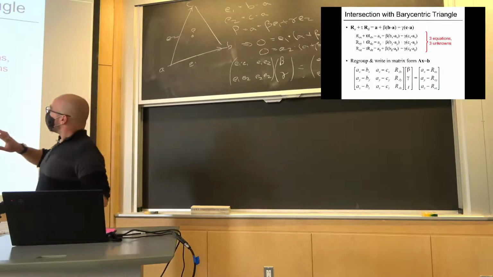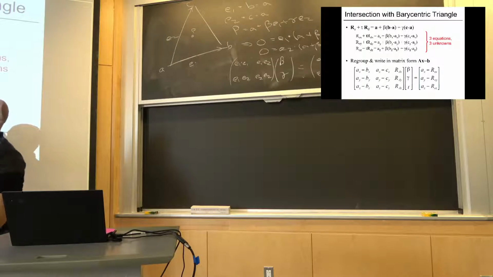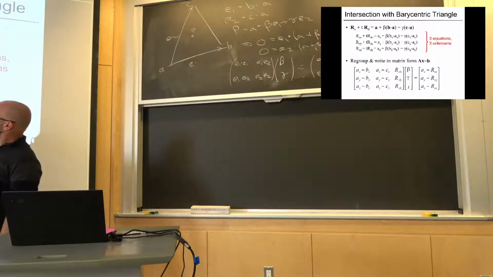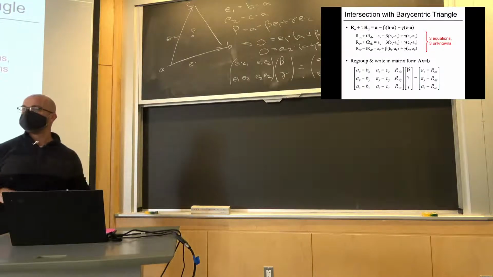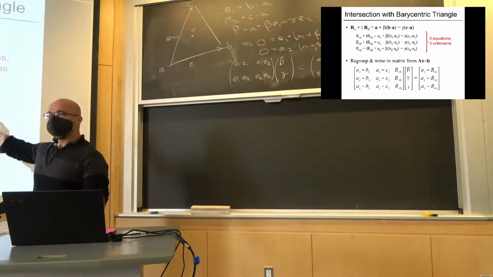I haven't told you how to compute them, but hopefully you agree with me that these three relationships are true. This is saying that the ray meets up with the plane. So all I'm going to do is take these things and rearrange them into the expression on the bottom here. Notice that this is just a fancy matrix way of writing what's on the top.